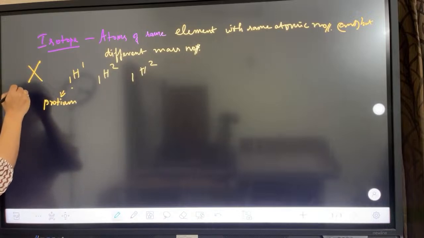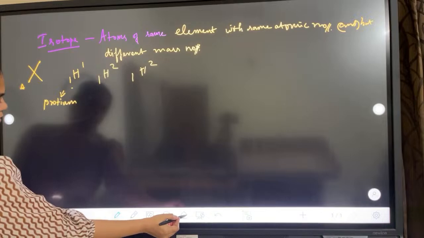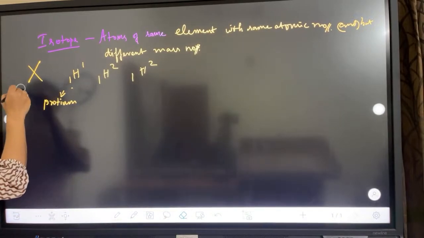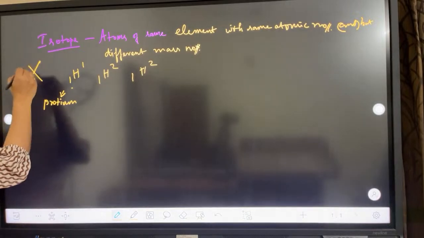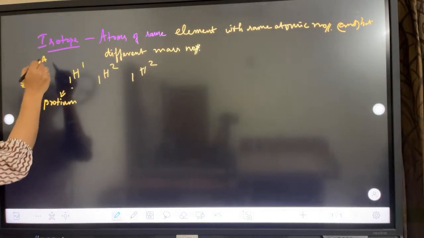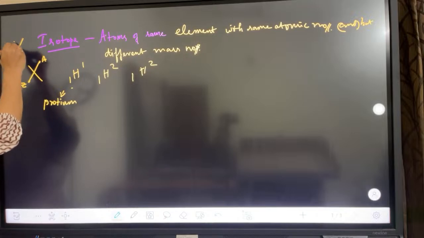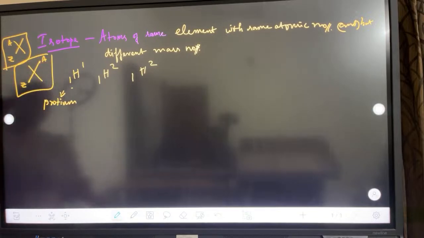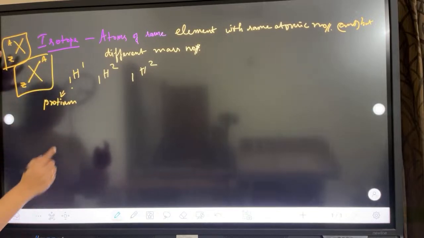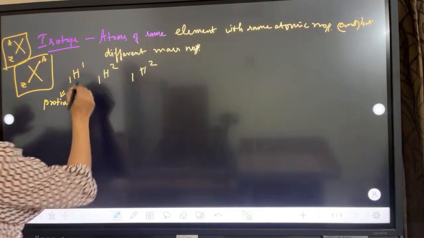Basically, an element is designated by a letter here. Most probably this is the atomic number and this is the mass number, or you may represent an element this way or this way. So you can write like this or like this.